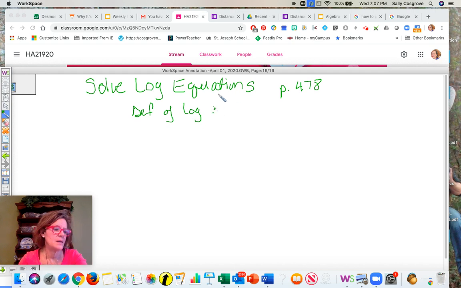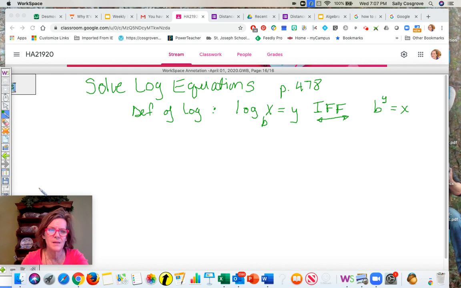it's something like this, that the log base b of x equals y if and only if, which means it has to work both ways, b to the y equals x.